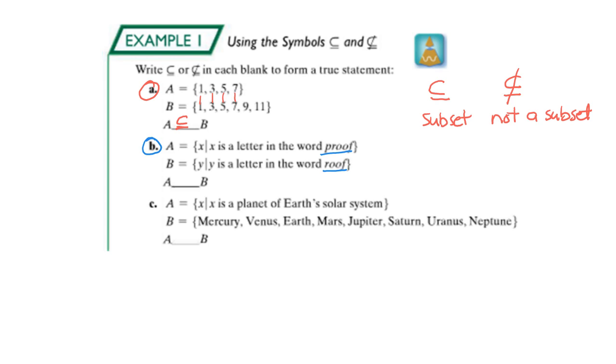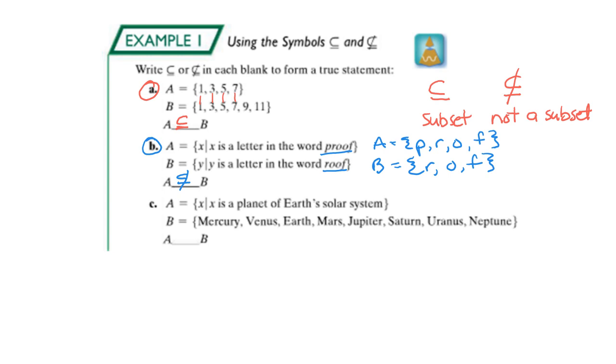And if we did that, we would have set A, we have a P, an R, an O, and an F. Remember, I don't need to write the repeated letters on there. And set B, R, O, and F. So if you take a look at these, every element in A is not contained in B. So we would say that A is not a subset of set B.